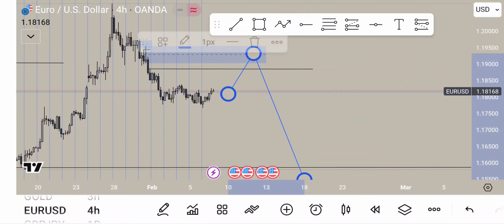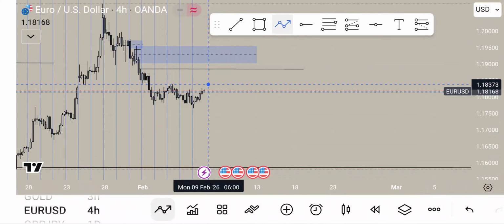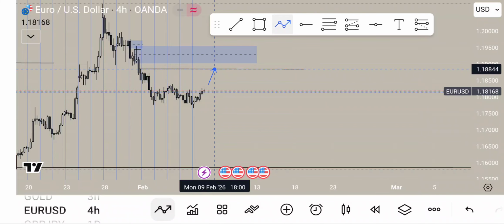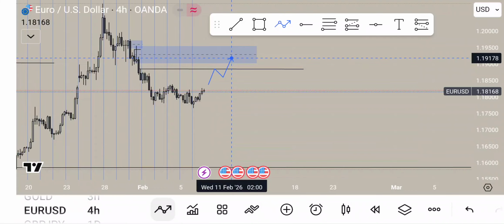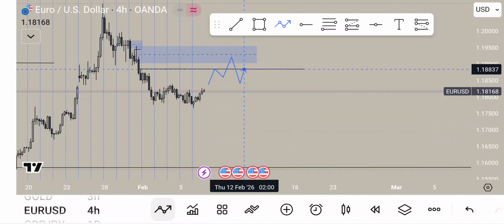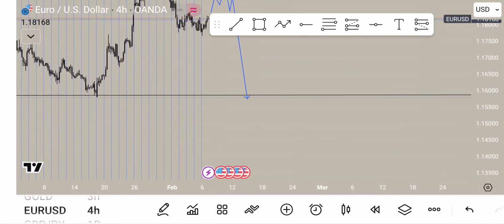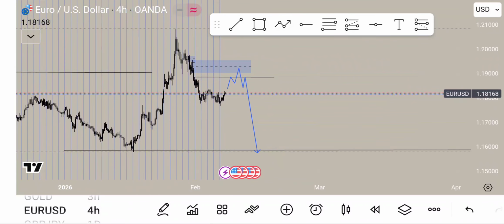So from next week, what am I expecting? Only one thing: sell Euro USD. I will want to see something like this. I see a confirmation that sellers are there, I look for a retest, and then I take my sales to the downside. No stress.